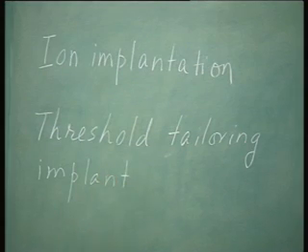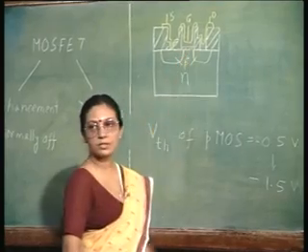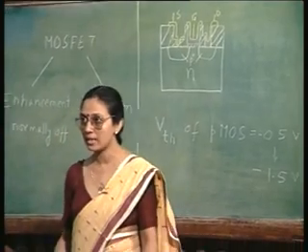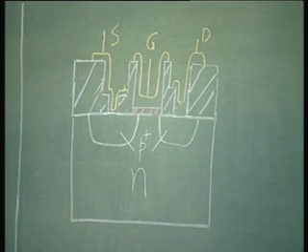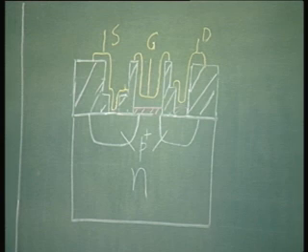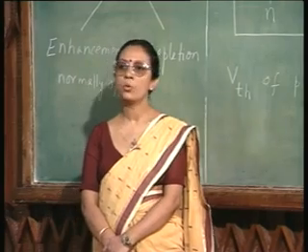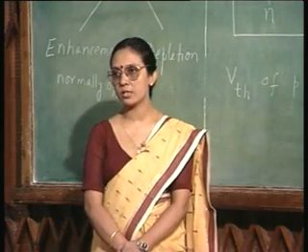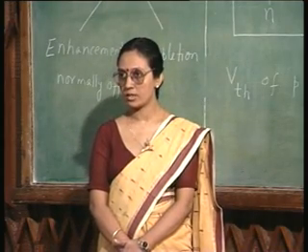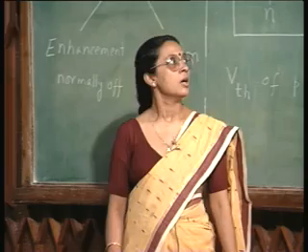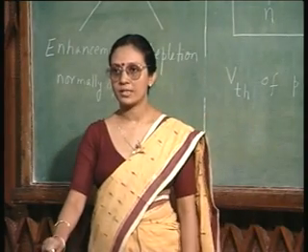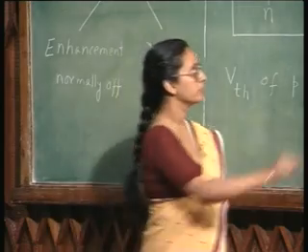This implantation is done only in the channel region of the MOSFET, nowhere else, very close to the surface, just in order to tailor the threshold voltage so that you can realize the threshold voltage of your choice. This would not have been possible with the other less sophisticated doping technique like diffusion. It is possible with ion implantation. So, that brings us to our processing step number 7, that is ion implantation.